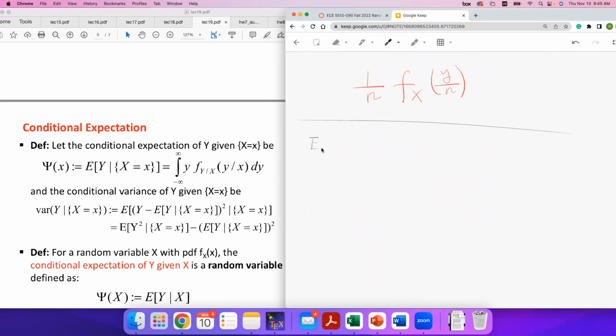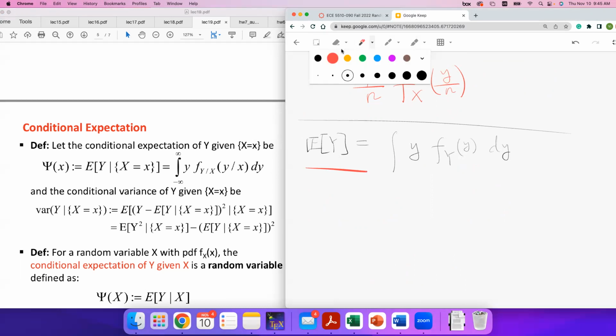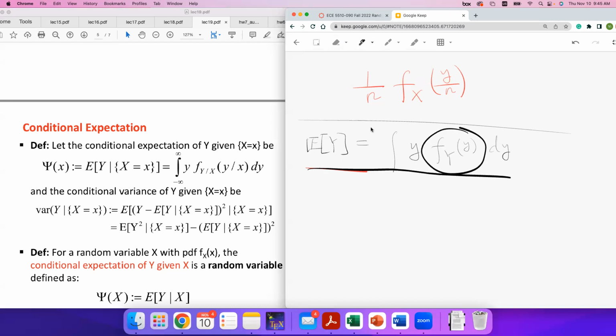Right, so for expectation of Y, it is given in this way. Right, we are using the marginalized PDF.